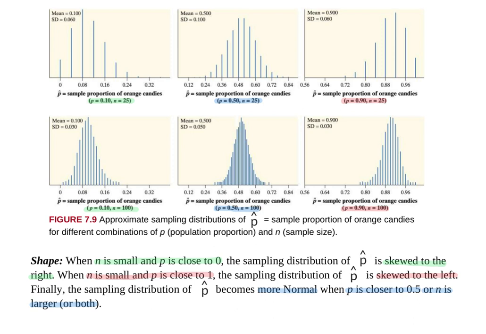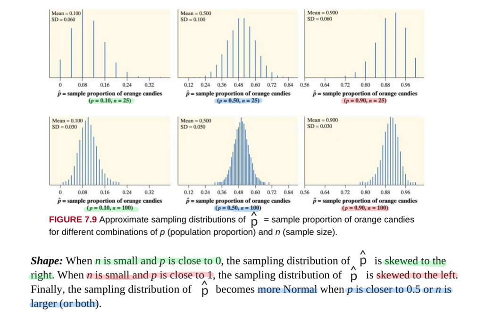In the same vein as the pennies example, you're taking a lot of small groups of candies and figuring out the sample proportion of orange candies, given that there are other colors of candies in this vessel.